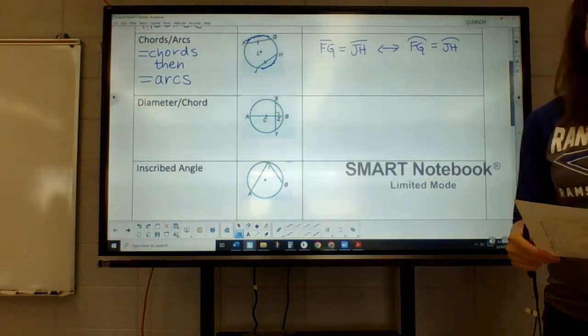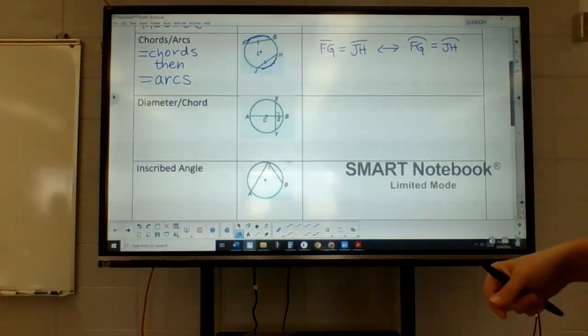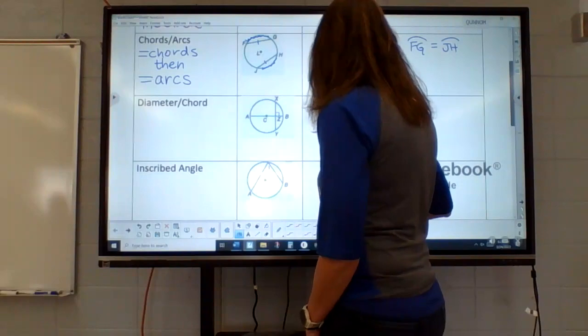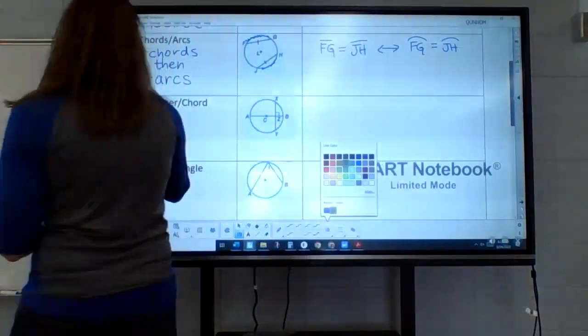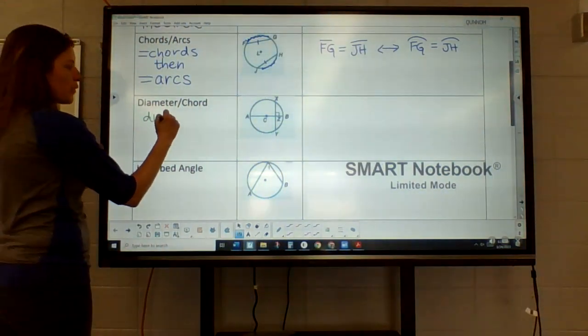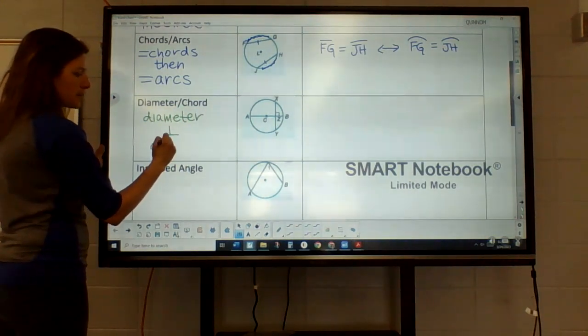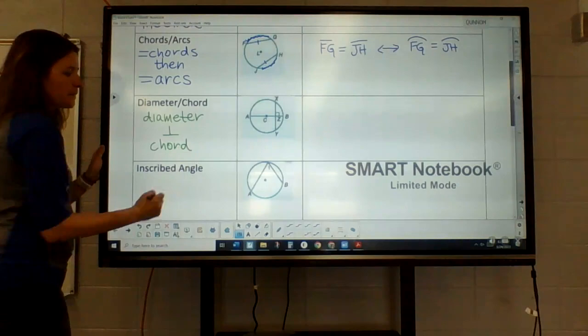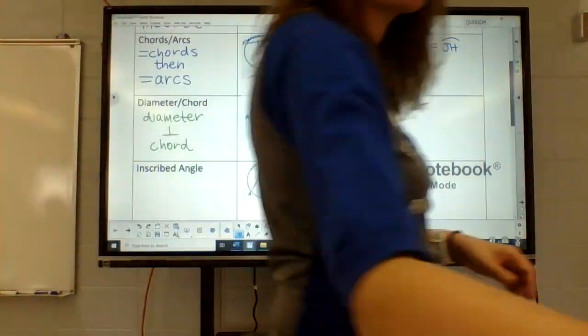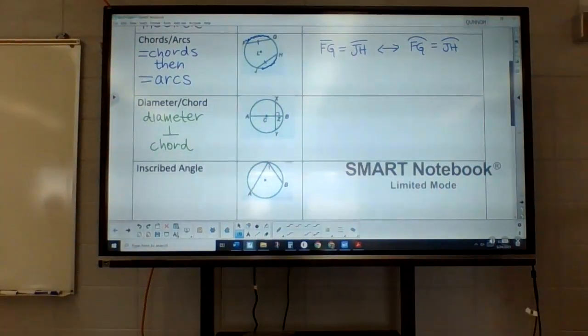Our next one is when we have a diameter and a chord together, and they're perpendicular. So the diameter is perpendicular to the chord. And remember that upside down T means perpendicular.